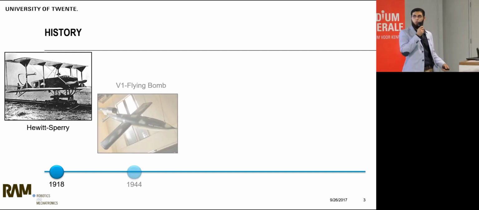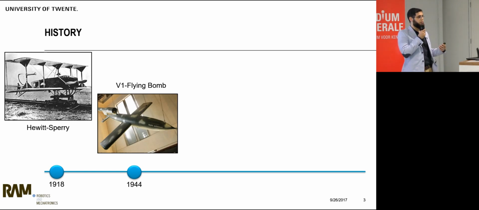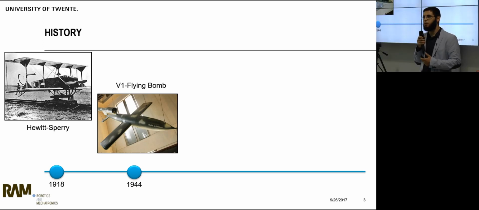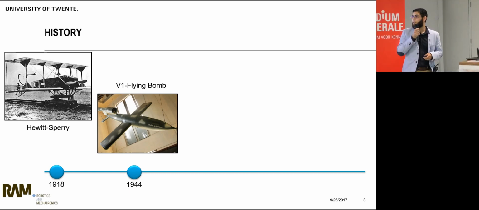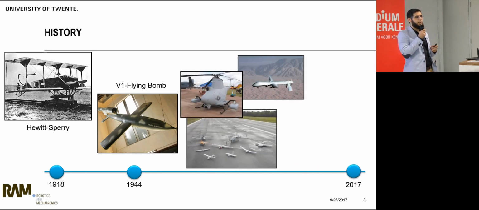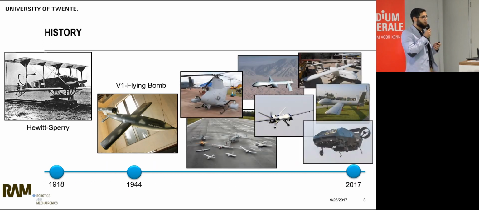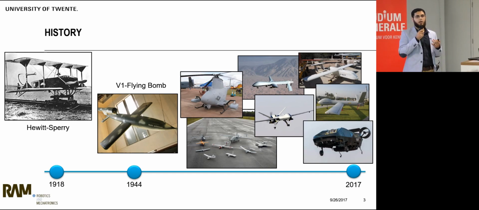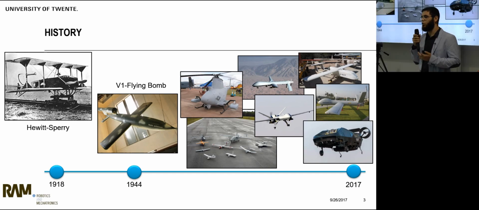After that, in the Second World War, the German army was successful in deploying the first cruise missile, and they called it the V1 flying bomb, and you can of course guess what it was used for. And for the past 70 years, the military applications have been the main driving force for aerial robotic research all over the world. And this trend has started to change in the past years.